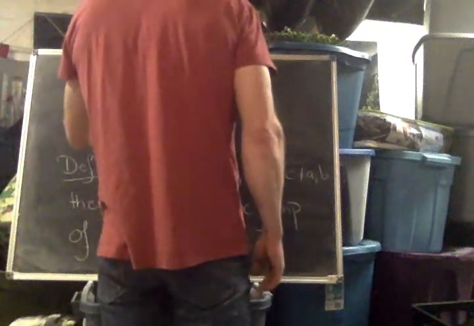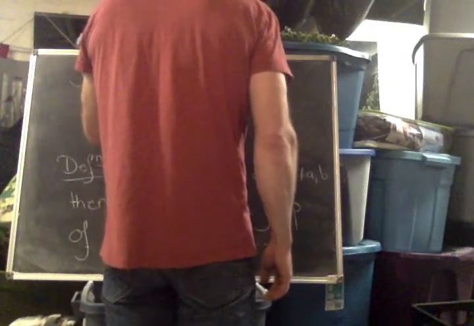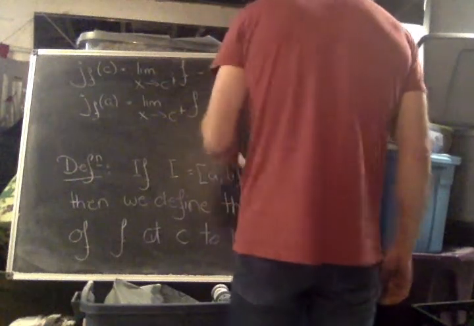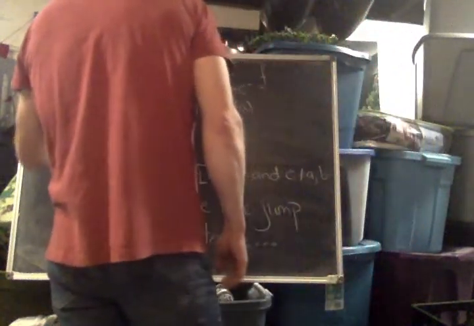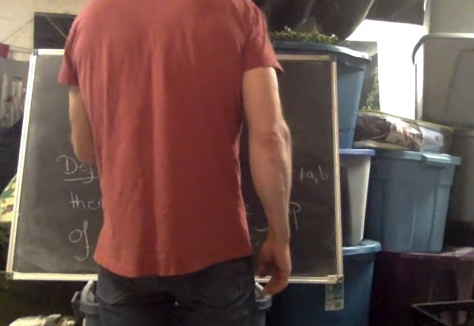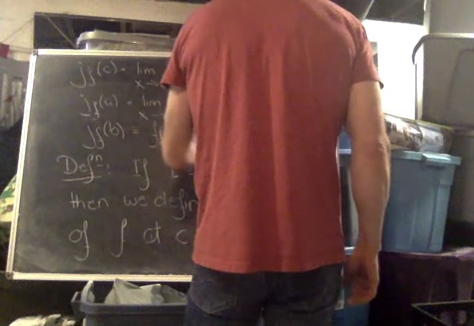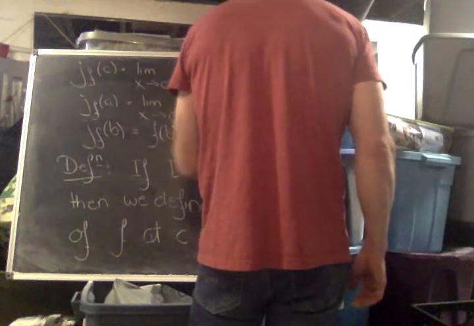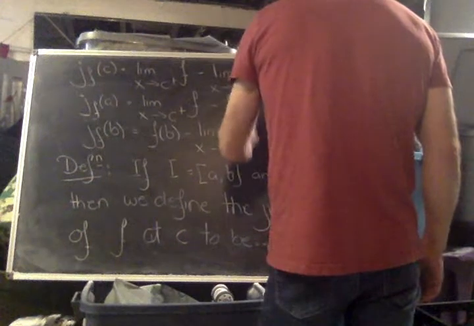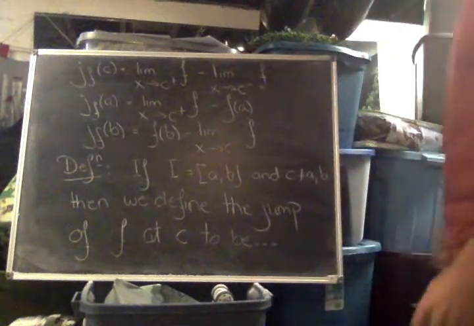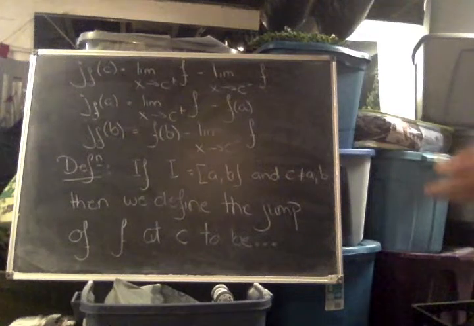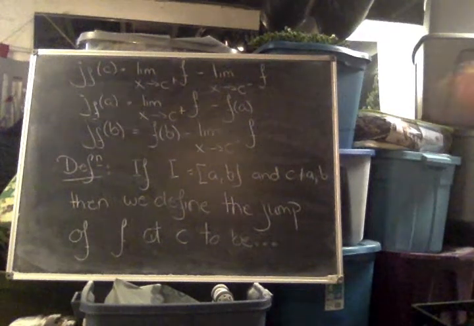So in the case of the left-hand endpoint A, the jump is the limit as x approaches A from the right of f minus f of A. And similarly, the jump of f at B is going to be f of B minus the limit as x approaches B from the left of f.